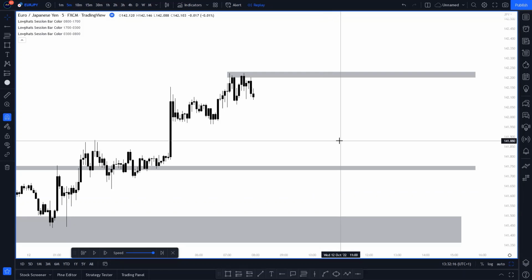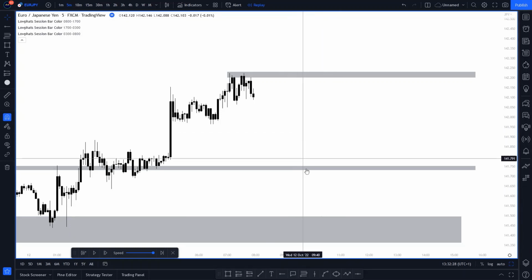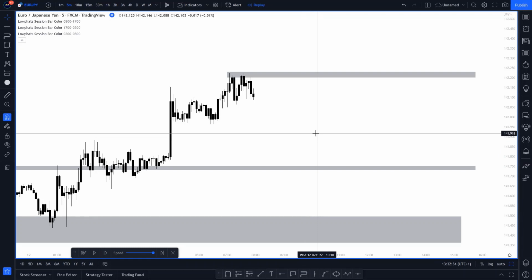It's nothing too special. I used to focus too much on candlesticks when all you really need to look for is a rejection. If price just breaks straight through it, then the zone's been invalidated. But if price does reject it and you see a wick being formed, in this case a lower wick, then you can start to buy up.